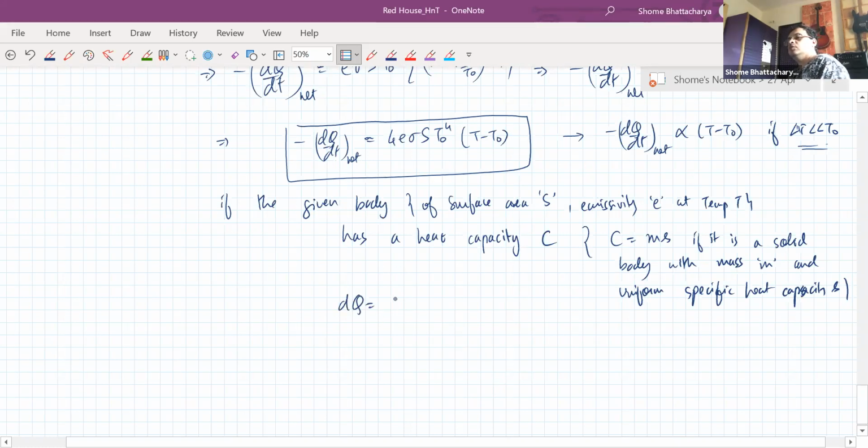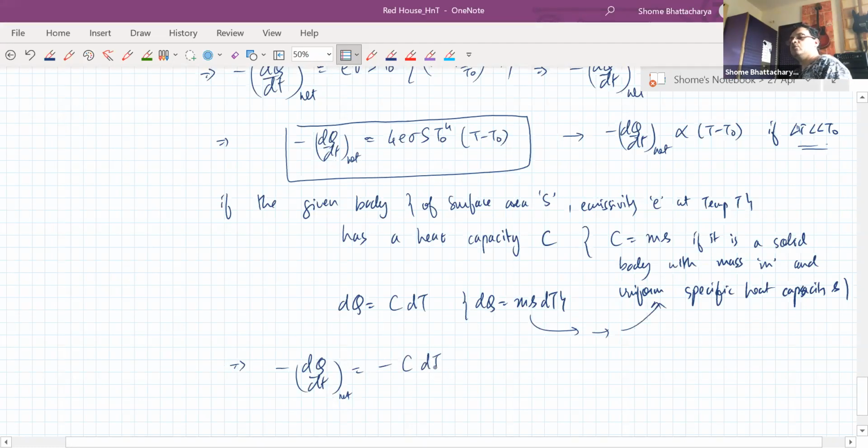So in that case, dQ is equal to C into dT. Or dQ is equal to m s dT if this situation is considered. So the left hand side, the net rate of heat loss, becomes minus of C, heat capacity, into the rate of cooling, the rate at which the temperature is dropping, and that is proportional to T minus T naught.